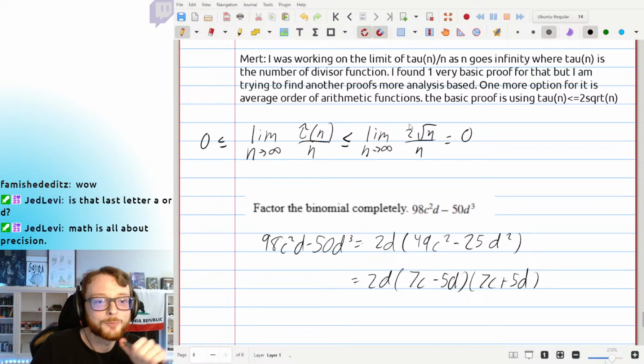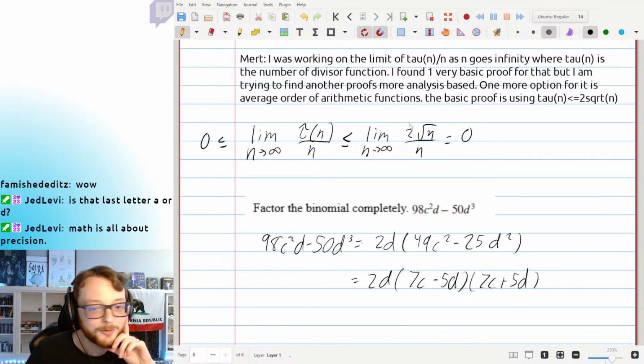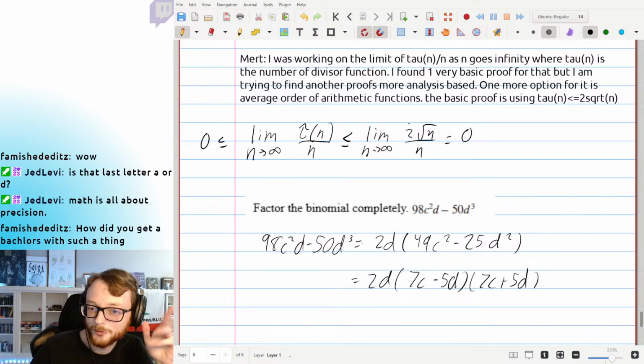Math is all about precision. Unless you're doing, well, I would say unless you're doing numerical methods, but I guess they care about precision a lot there. Get a bachelor's with such a thing?